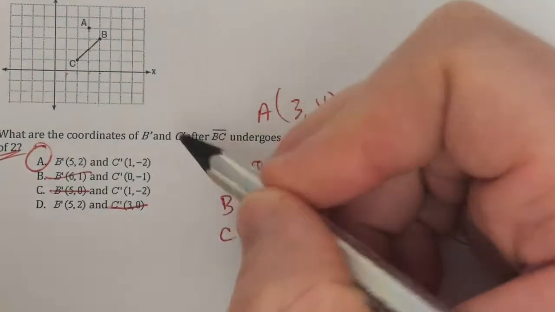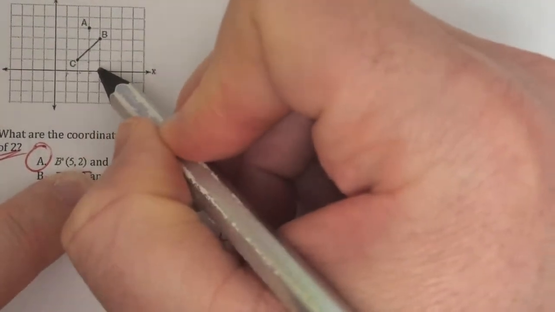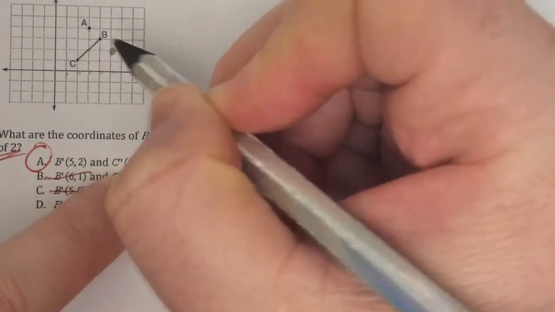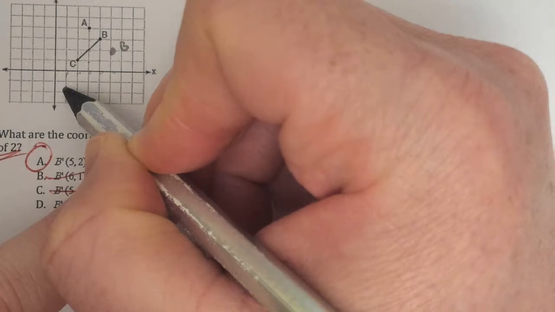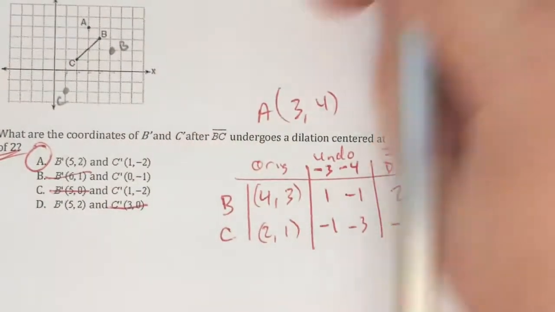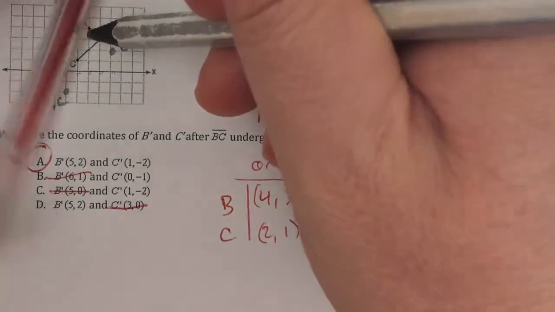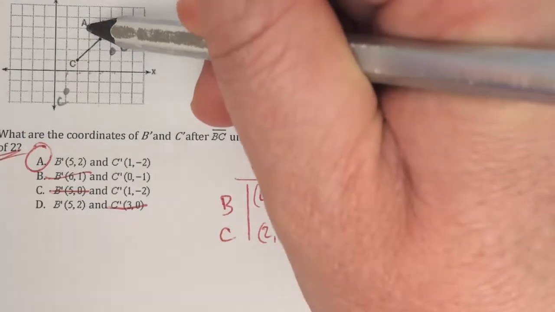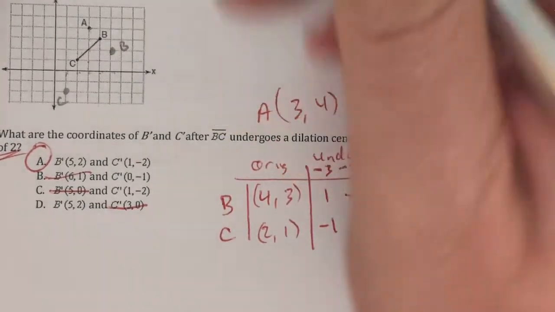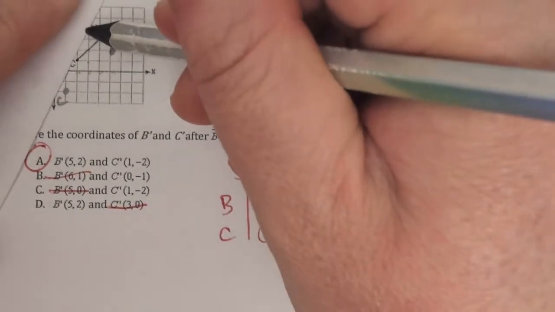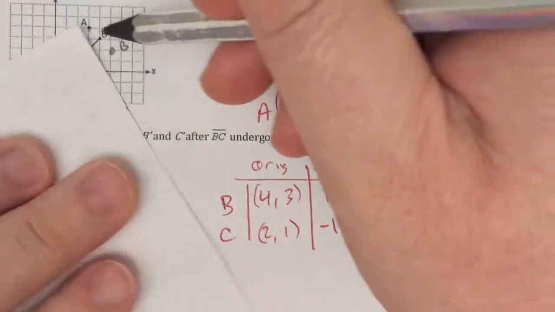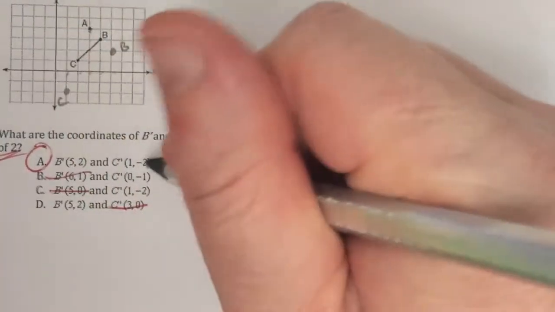So on this first one, we have 5, 2. That's my B, and then 1, negative 2. That's my C. So the whole point of this is making sure that my A and my C's are all lined up on the line. Yes, so that checks out. So far so good.